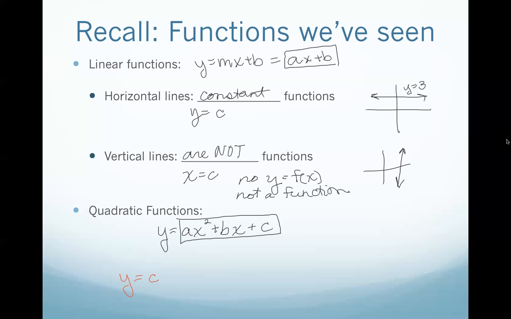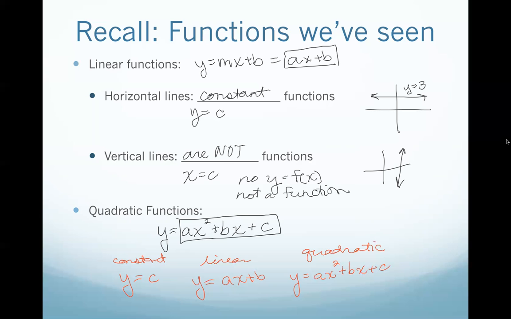And then we said, okay, that would be a constant function. And then y equals a number plus something with an x. Ax plus b, for example, was linear. And then we built up on that again and we said, well, now what if I add another term, this time an x squared, ax squared plus bx plus c, and that we called quadratic.